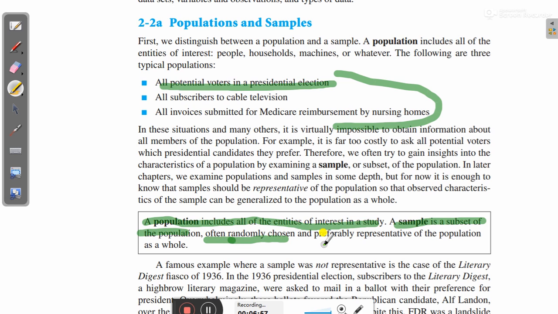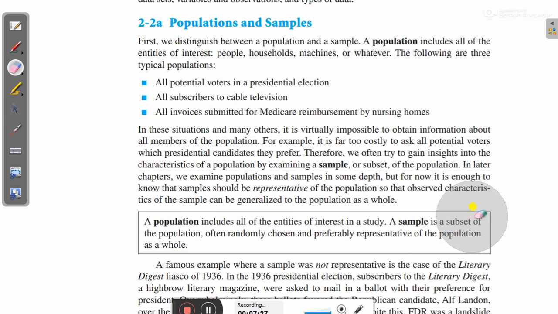Our preference should be that the sample represents the whole population, because by examining the sample we need to give the possible exact solution for the population. Means the sample represents the population, and the sample can be random, but the population comprises all the entities which are of interest in our study. So this is all about population and samples.